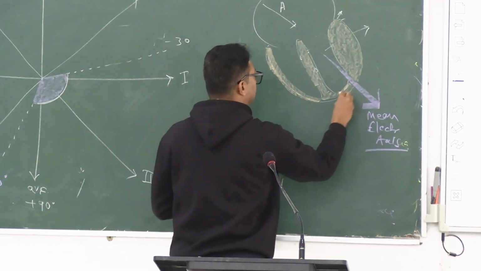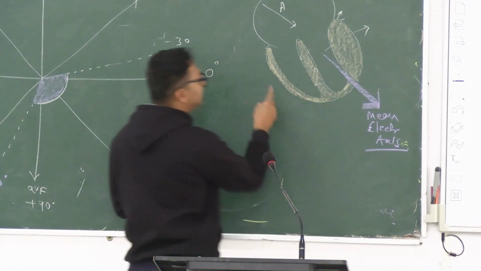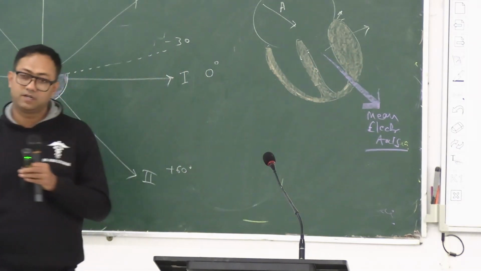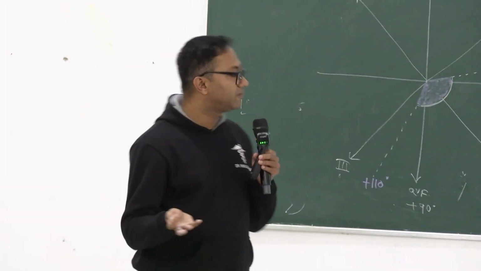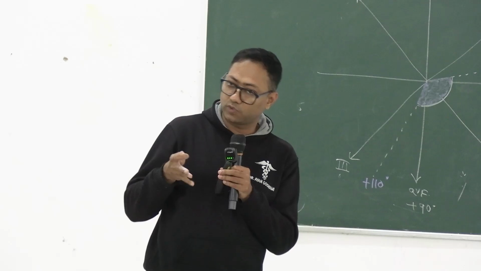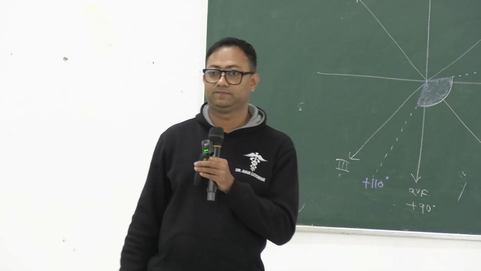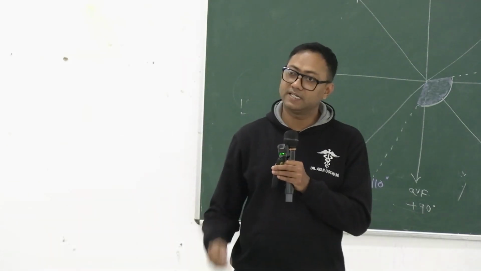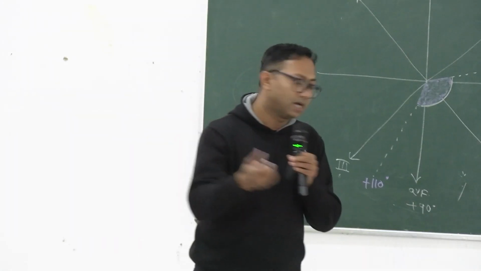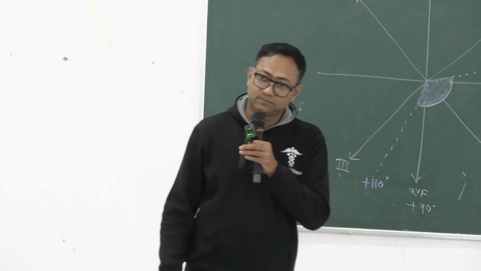Which is thicker? The left ventricular free wall is thicker, and this is why your mean electrical axis is oriented towards the left, because stronger depolarization vectors are working in the left ventricle.